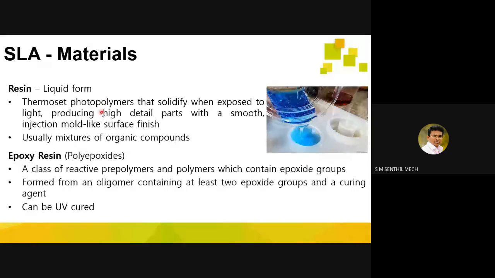When exposed to light, most prominently UV light, ultraviolet light or laser light, they transfer from liquid to solid. Only the area where the photopolymers are exposed to light will convert from liquid to solid.